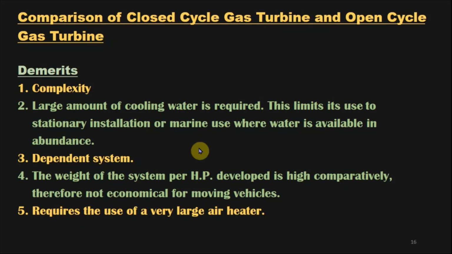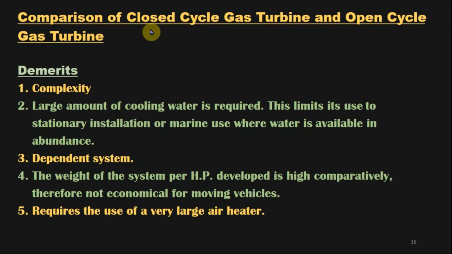Another disadvantage of closed cycle gas turbine is it requires the use of a very large air heater, because here you have the heating chamber in which the working substance is heated externally, whereas in the case of an open cycle gas turbine, the combustion chamber is an integral part of the unit.